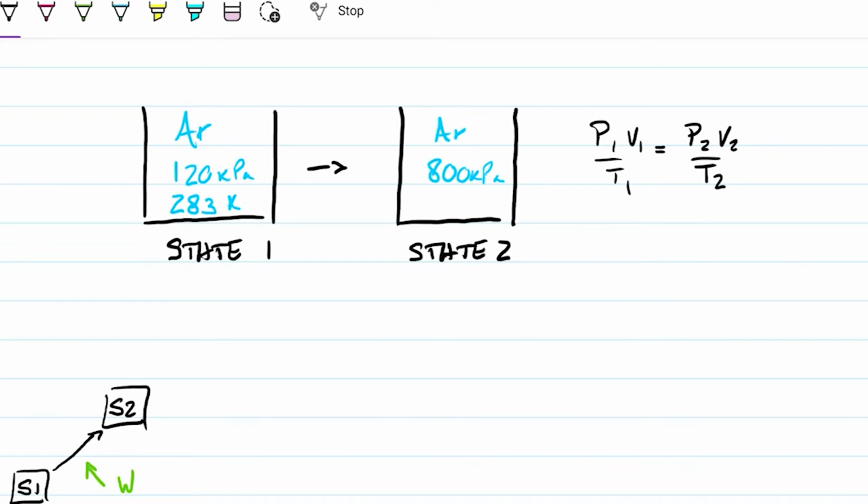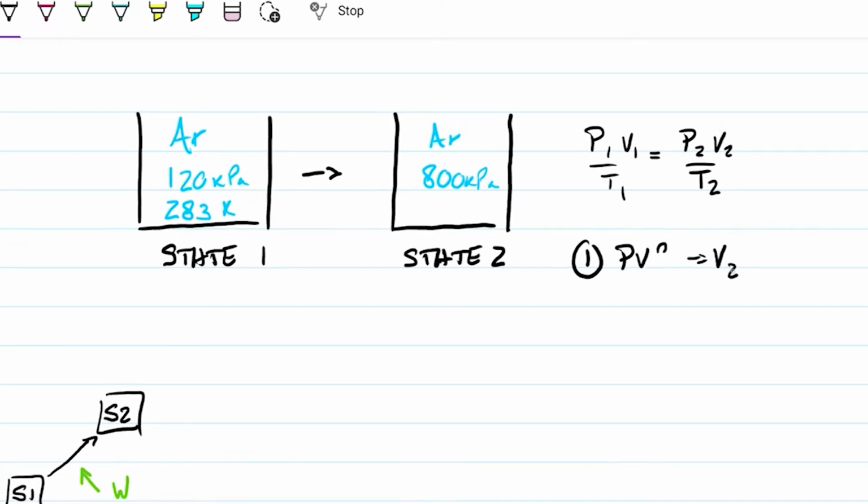So my game plan is, first I'm going to use the fact that this is a polytropic process to find my V2, because I can relate the pressure and the volume. So I'll find V2. With that, I'll compute my T2 using the ideal gas equation.